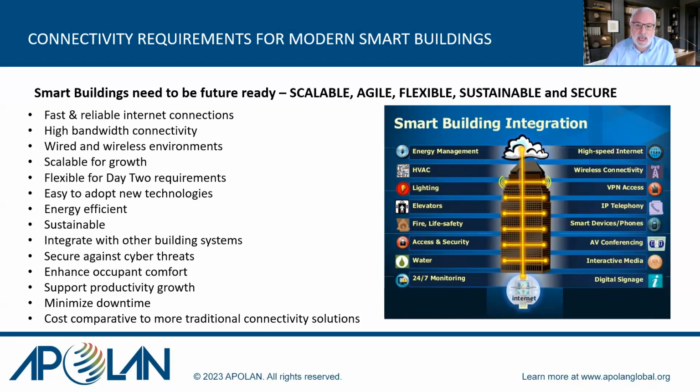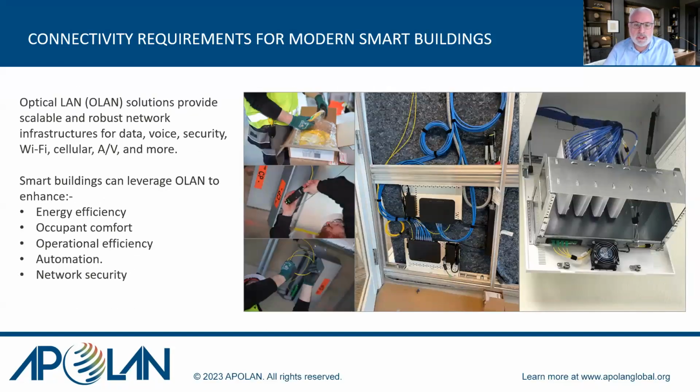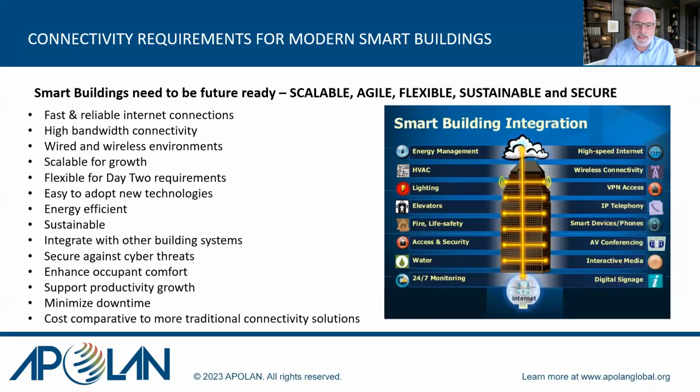The system needs to be scalable. It's no good putting a network infrastructure in for day one requirements. Ultimately, we have to look at day two and beyond. So how can we build an infrastructure that has that scalability and is easily scalable? As technology moves forward, the network infrastructure has to be able to adopt those new technologies.